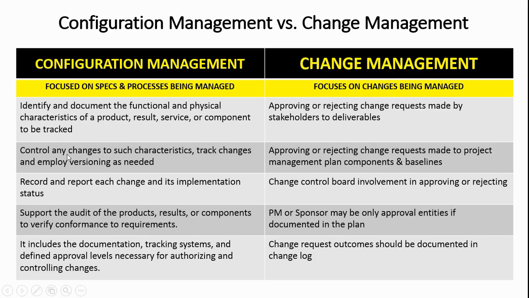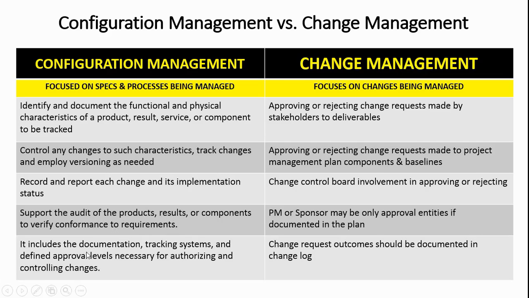This is where we control any changes to such characteristics or specs, track changes, and employ versioning as needed. This is where we record and report each change and its implementation status, and we're talking about changes to specs, okay? This is where we support the audit of the product's results or components to verify conformance to requirements.